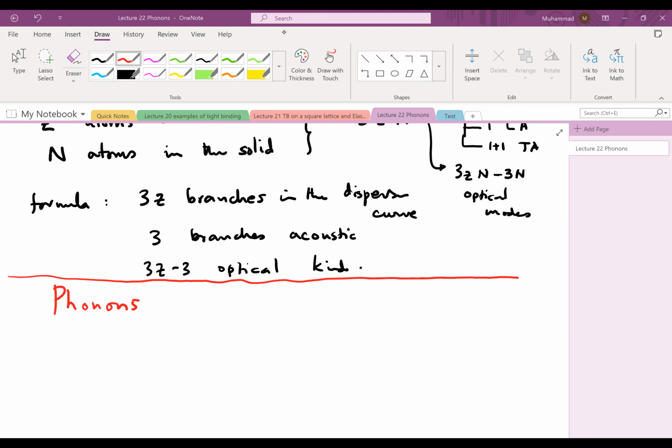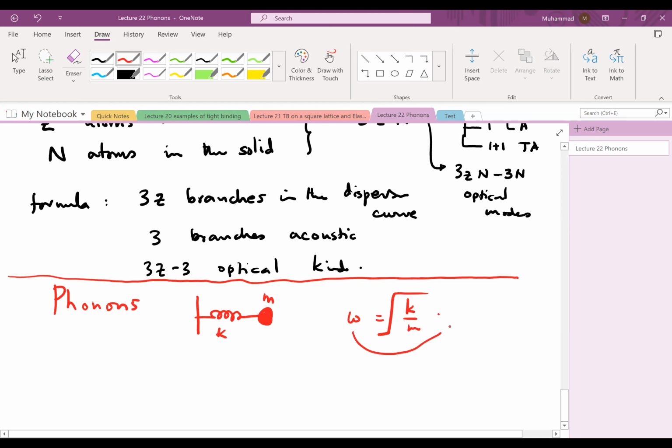Now, the first idea that I would like to start off with is that suppose I have a classical harmonic oscillator, a mass attached to a spring. There's a spring constant K, and of course there is going to be a natural frequency, root of K over M. So this is a natural frequency of this oscillator.